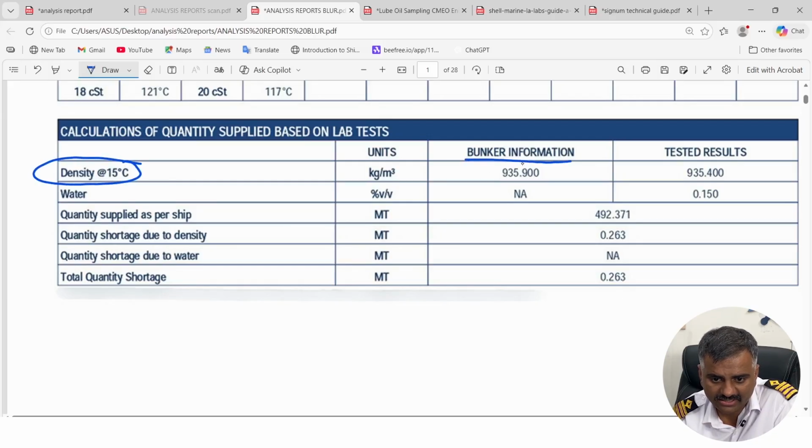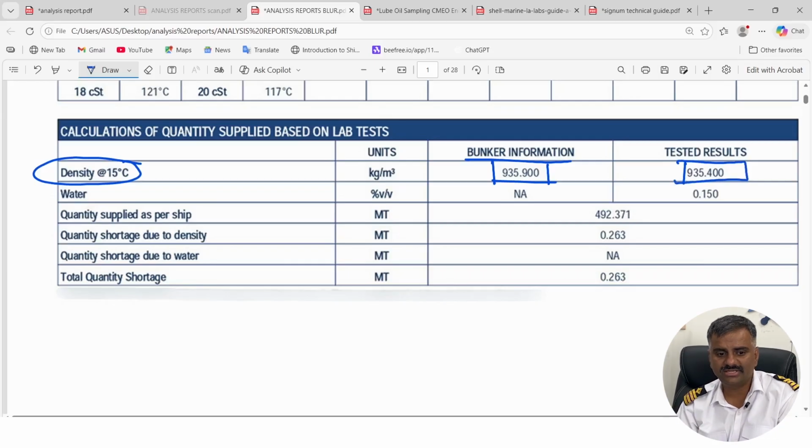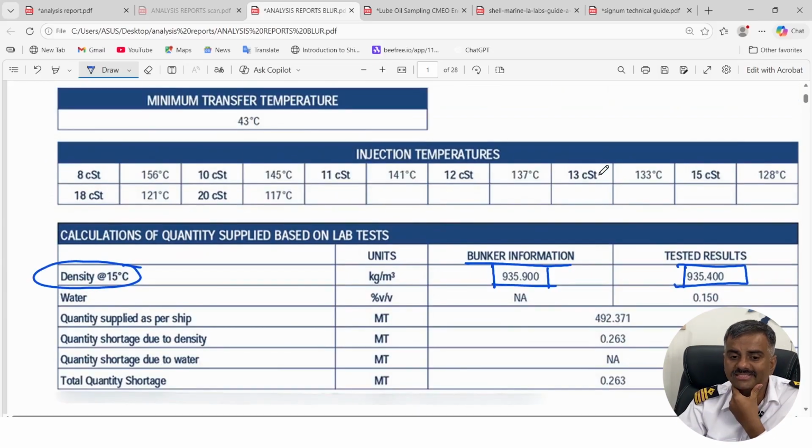As per the BDN information you had 935.9 but the actual tested report gives 935.4. So there is a change in density, and sometimes when it varies, with a large quantity of bunker, this actually results in a bigger difference in the oil quantity.